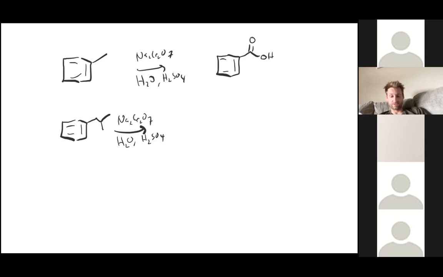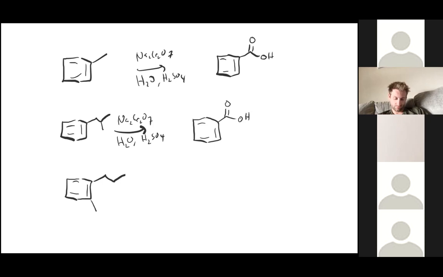So this will actually completely break down. It's going to cleave the bonds and form benzoic acid. If we have a couple of different substituents on here, every position is going to end up getting a carboxylic acid on it.